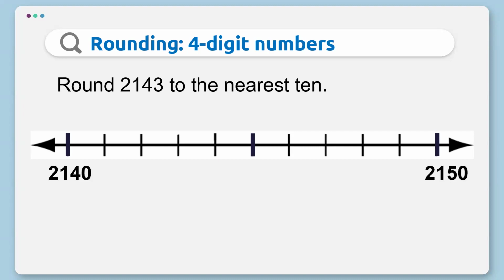It is actually 2,140 and 2,150. And where does 2,143 lie on this number line? It will be here. So which number is it closest to? 2,143 is closer to 2,140, which means that when we round it to the nearest 10, the answer is 2,140.